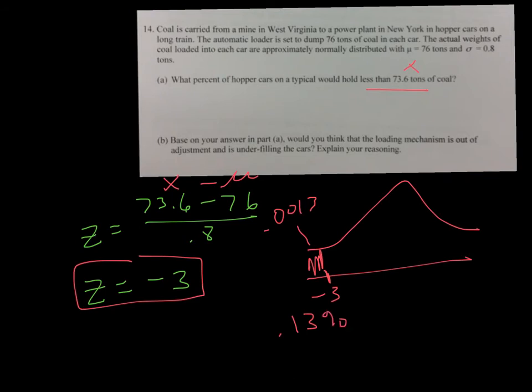If you did it using the empirical rule, you'd get 0.15%. Nonetheless, both of those are extremely small. So the fact that it even happened, you would think that the loading mechanism is out of adjustment, because it would rarely happen. Therefore you might suggest that you recalibrate, or at least look at recalibrating, the automatic loader.